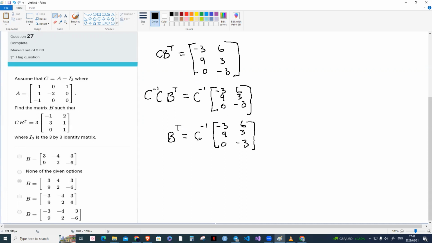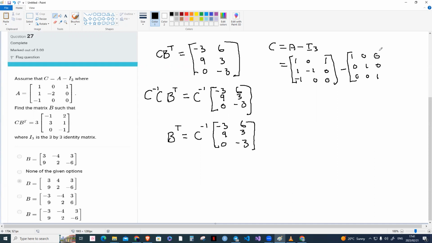We need to find C. Let's just try to find C first. C is equal to A minus I3. Then A is 1, 0, 1, 1, minus 2, 0, minus 1, 0, 0, minus our I, which is 1, 0, 0, 0, 1, 0, 0, 0, 1.